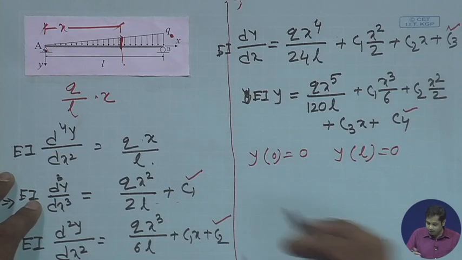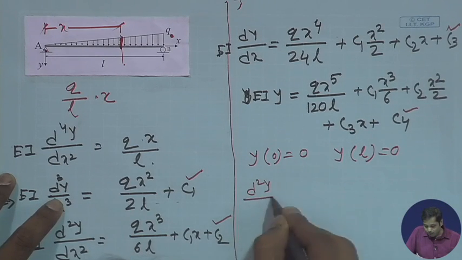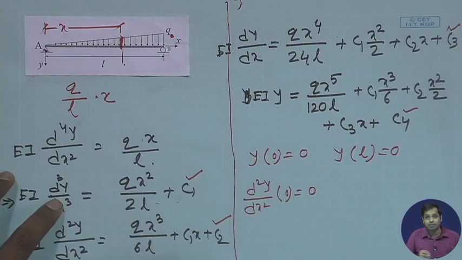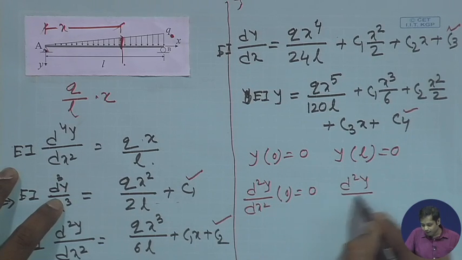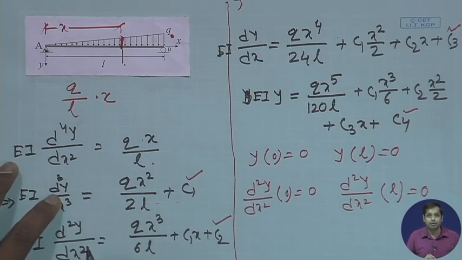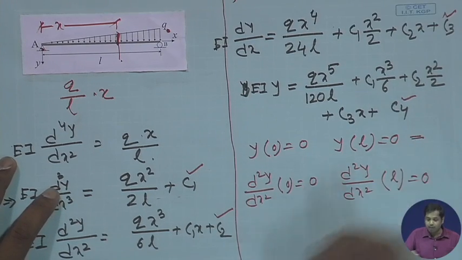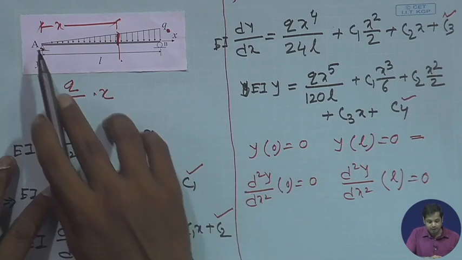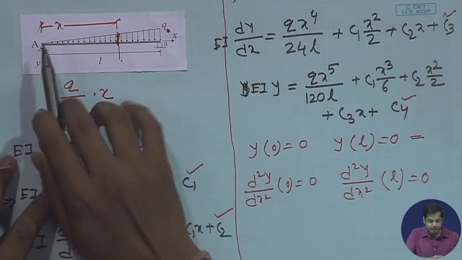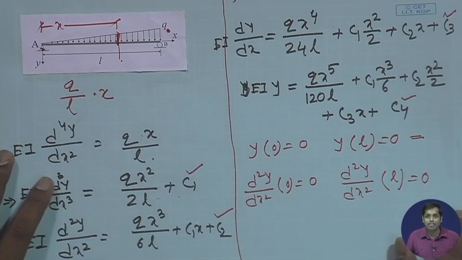So, what are the other 2 boundary conditions? d2y/dx2 at x = 0 is equal to 0, and d2y/dx2 at x = L is equal to 0. The first 2 come from the fact that deflection at these points is 0. These 2 come from the fact that the moment at these points is 0.